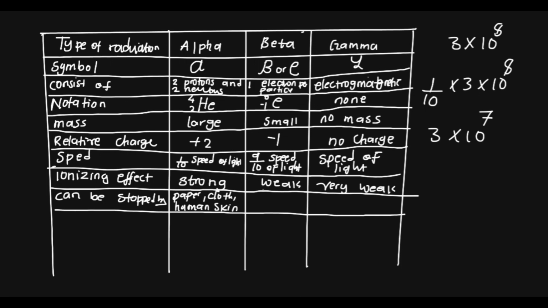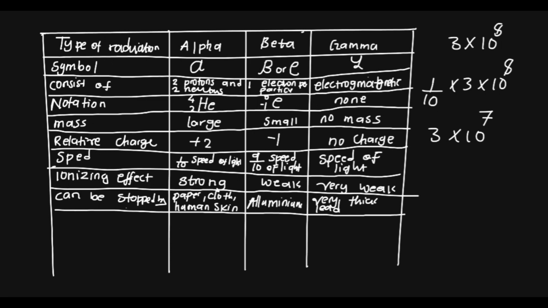For beta here we will look at a thin metal such as aluminium. Then for gamma, gamma can be stopped by very thick lead, a concrete made of lead.